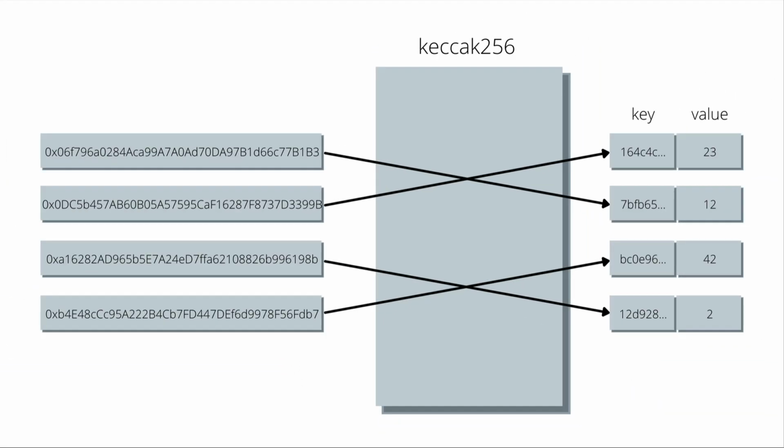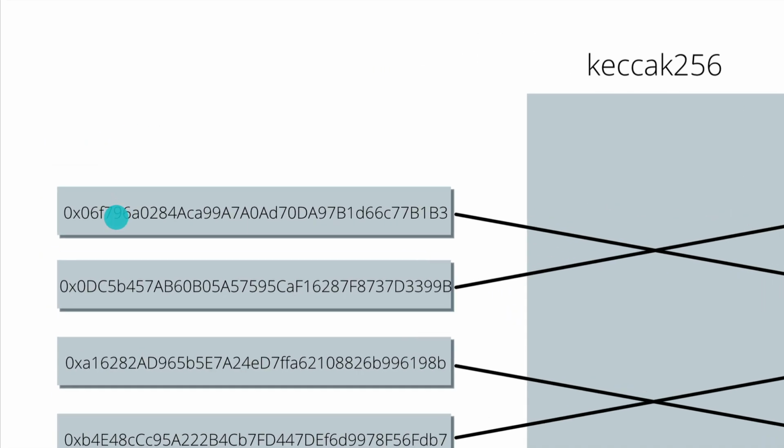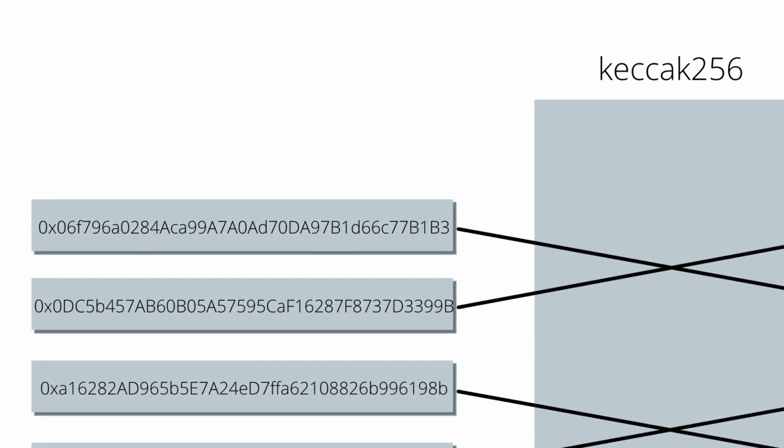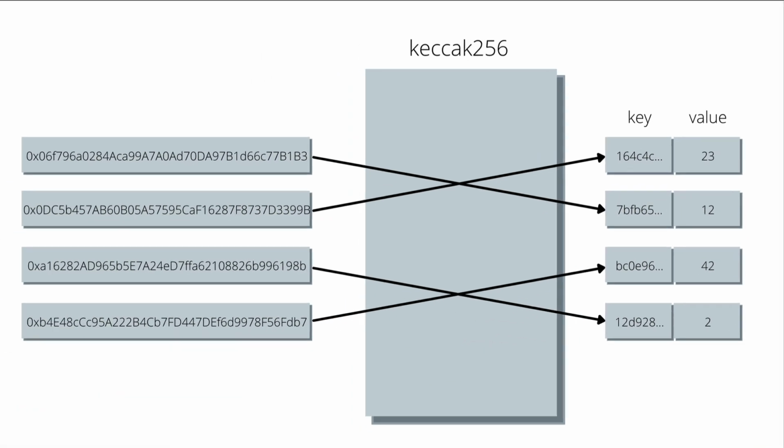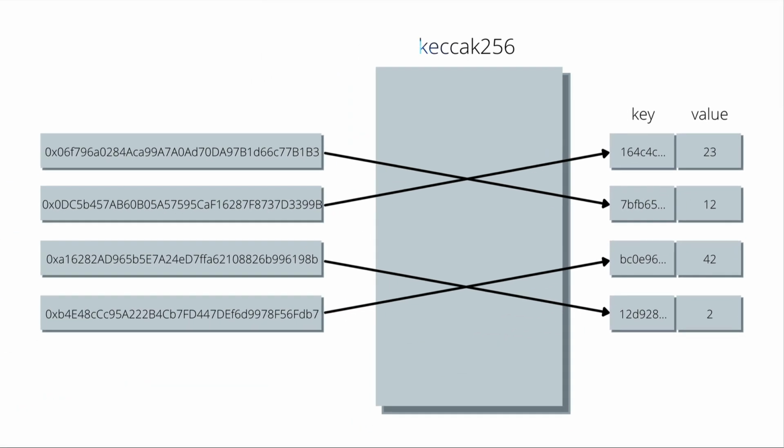Okay, so take this example here. Here, the 06F address would be mapped to the 7BF key. Basically, you are calculating the Keccak256 hash of the 06F address, and the result is the 7BF key, which will then be used as input towards our key value table.